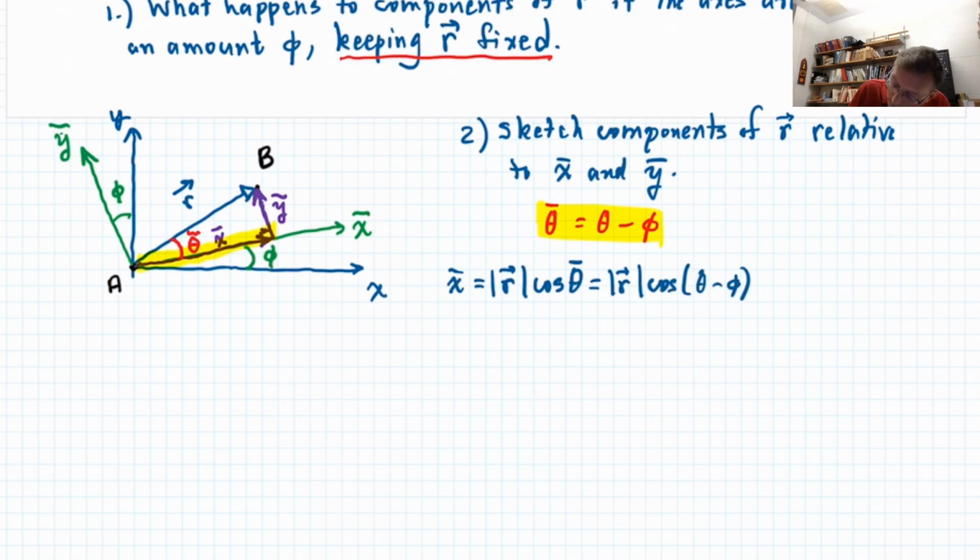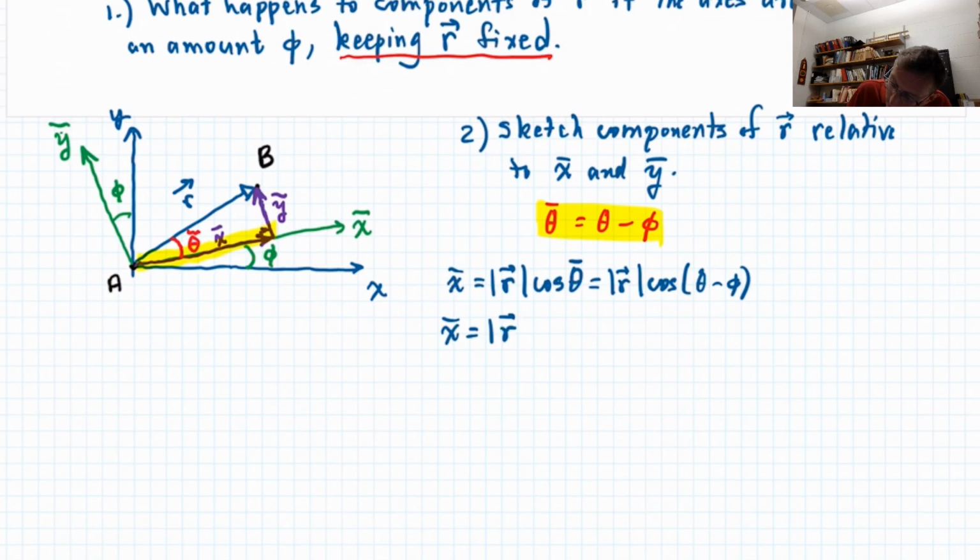All right, but let's now use a trig identity for the cosine of the difference of two angles. Then this can be written as r magnitude cosine theta cosine phi plus r magnitude sine theta sine phi.